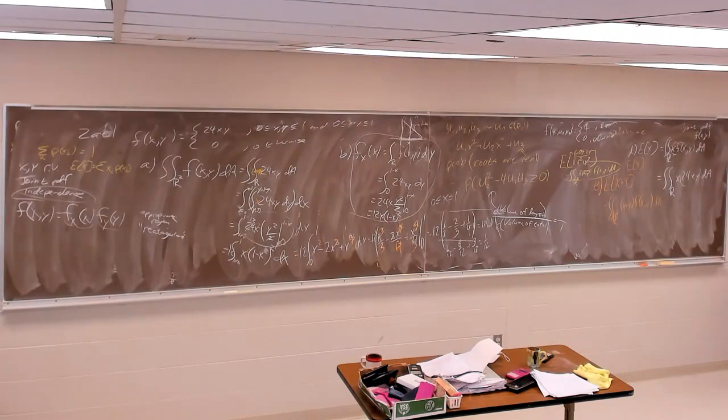By the way, with what we know from multivariable calculus, when we get to the beginning of chapter 4, we'll see that the expected value of x plus y is just the expected value of x plus the expected value of y all the time.